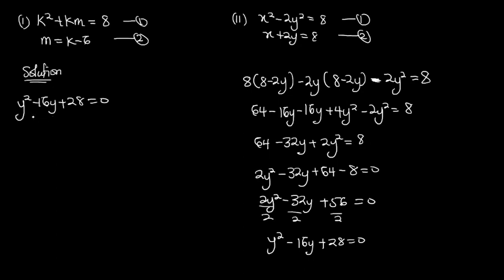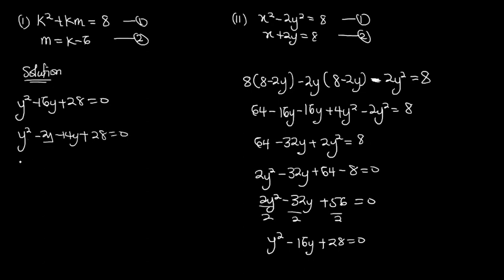Alright, so 14 and 2 will do that. So negative 14, negative 2 will give me positive 28, but negative 14 plus negative 2 will give me negative 16. So I have here y squared minus 2y minus 14y plus 28 is equal to 0.